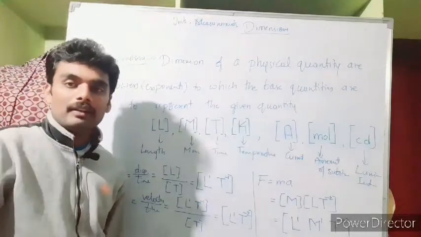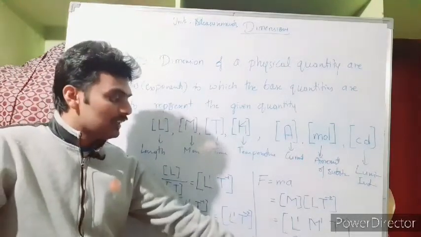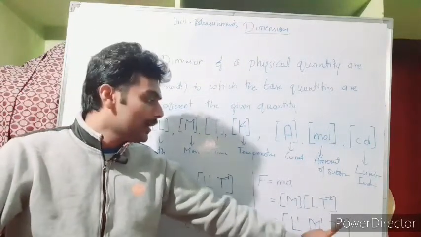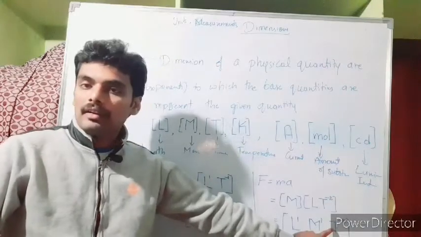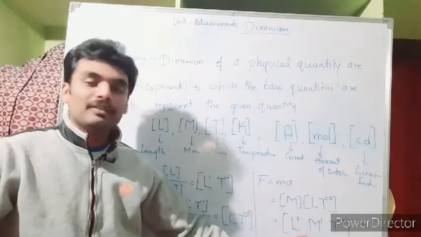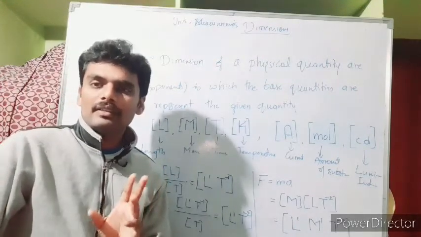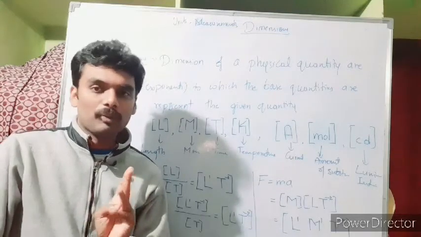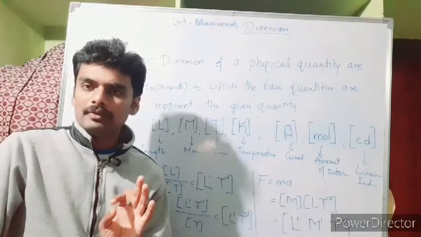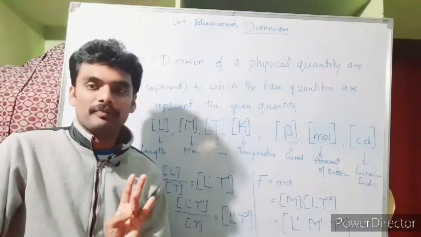So we can say the quantity force has one dimension in length, one dimension in mass, and minus 2 dimensions in time. That is how we can say the dimension of force is as such. Clear? So when I say a quantity, it has three important things now. One is its numerical value, then its unit, and then the dimension.